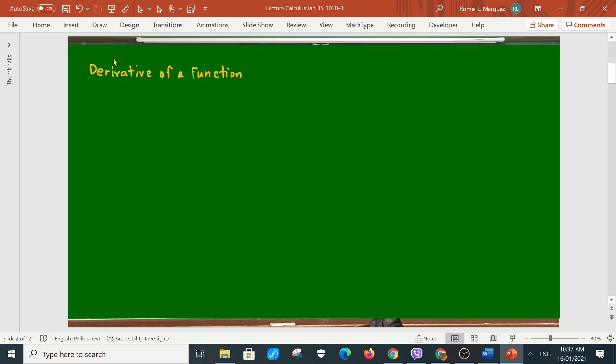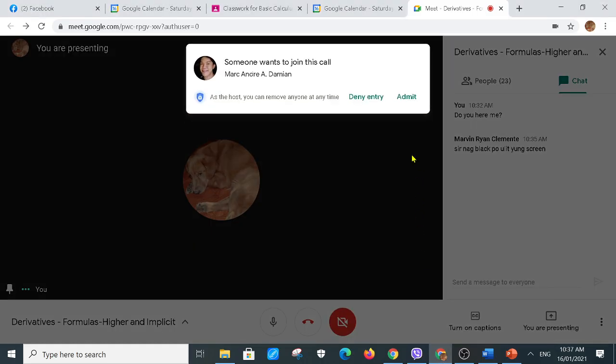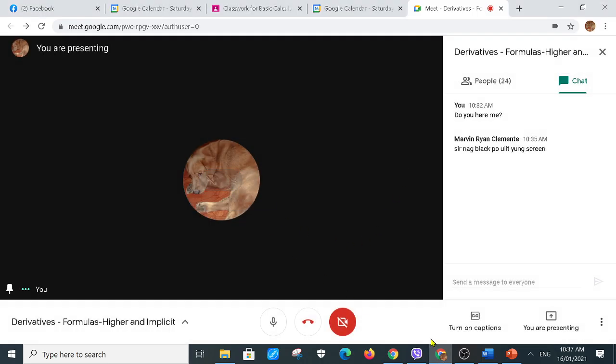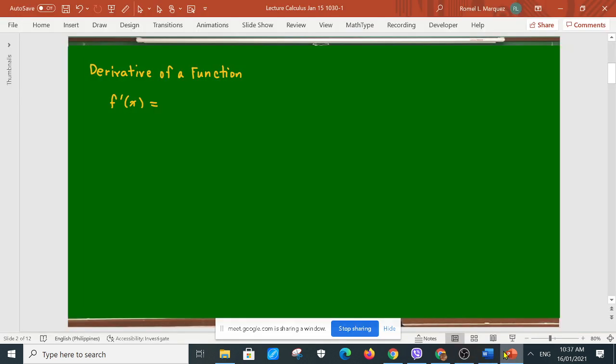So we say that the derivative of the function f is given by f prime of x, and that is equal to the limit as delta x approaches 0 of this difference quotient.